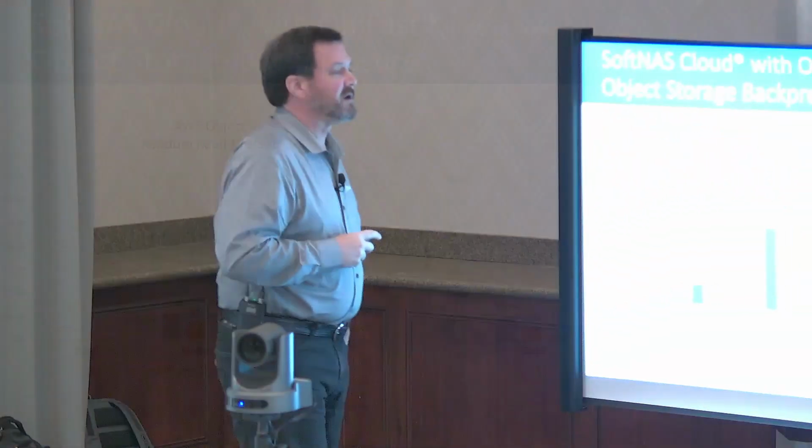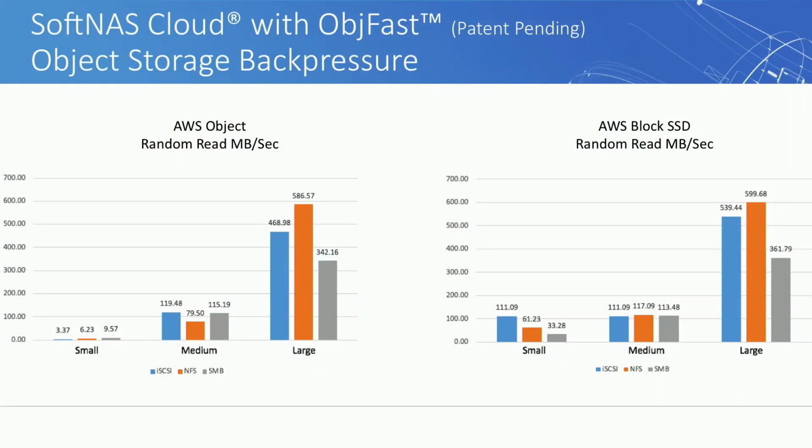But here on your right side is some quick benchmark numbers we did. Small, medium, and large is just a reference to the size of the instance. Think like an M5 large, M5 extra large. I believe it's a C5 extra large. No, excuse me, a C5 9 extra large to the right. These are the random read numbers we got.